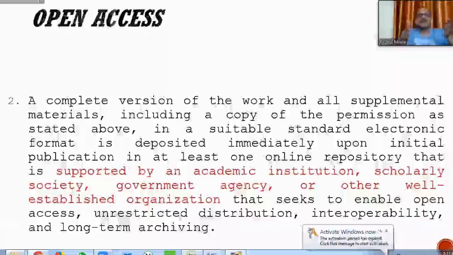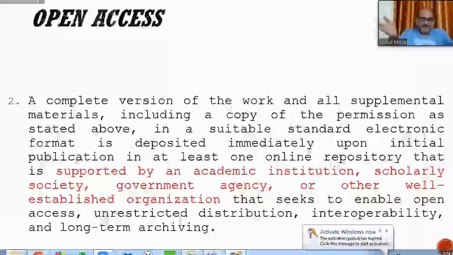These things are for control of information, and control through academic institutions, scholarly societies, and government agencies is to ensure that the research or findings shared in the open access domain are trustworthy. These agencies have different means to verify what is shared in the name of open access.